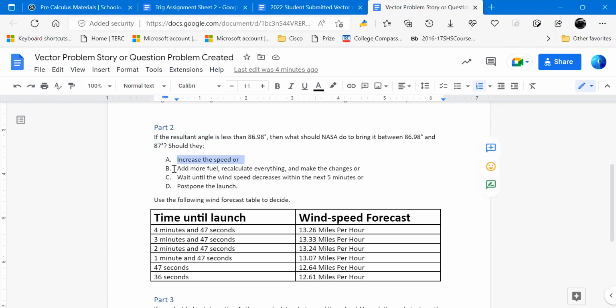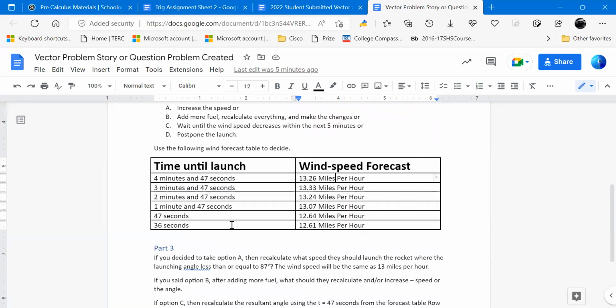That's option A. Option B is should they add more fuel and recalculate everything and make changes? Or they should wait until the wind speed decreases within the next 5 minutes, or they should just postpone the launch. Now, I have provided a table which has time until launch in minutes and seconds, and wind speed forecast in miles per hour.